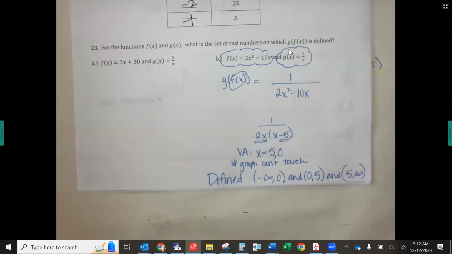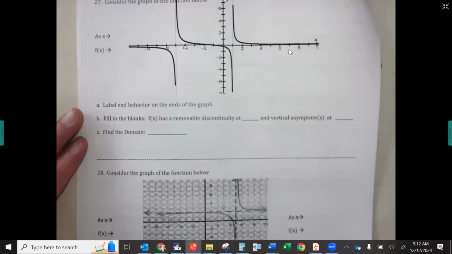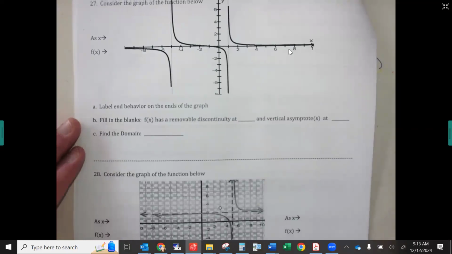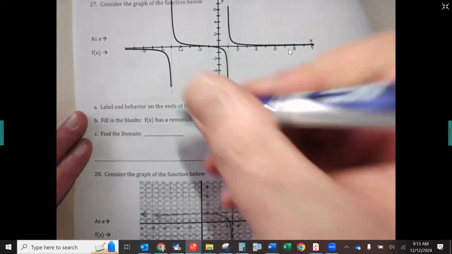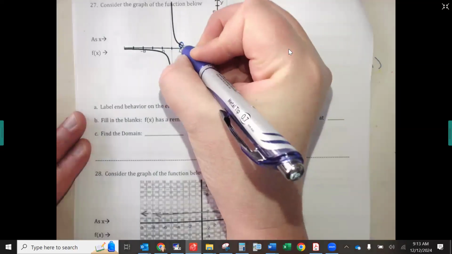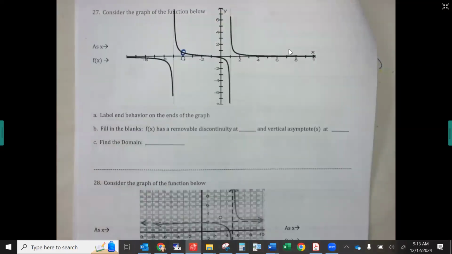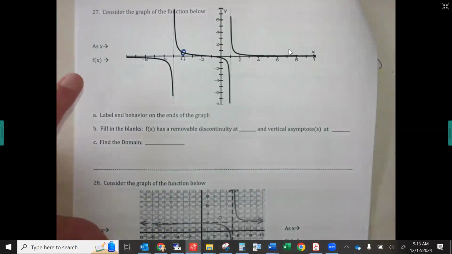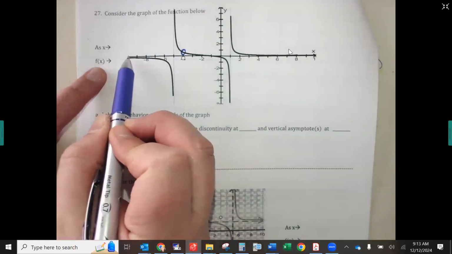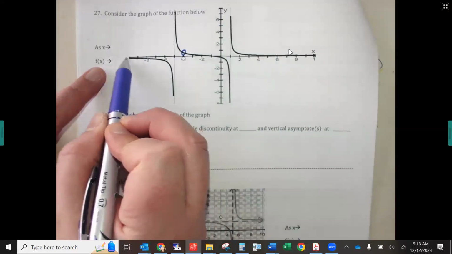All right, so we are going to do number 27. You'll turn the page to here. Okay, and then it looks like your circle got a little messed up. It should be on the graph right here. Okay, so it says label the end behavior on the ends of the graph. So if I want to be on this end, what is X going to?